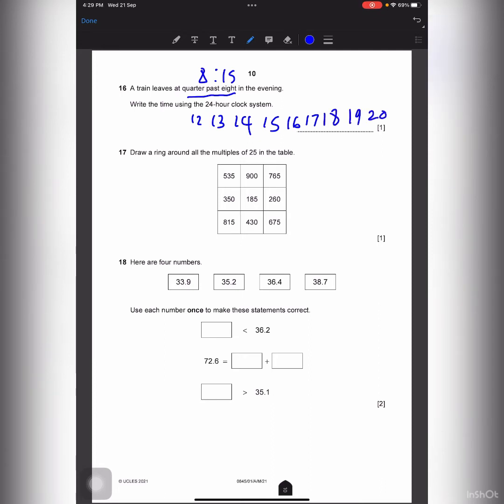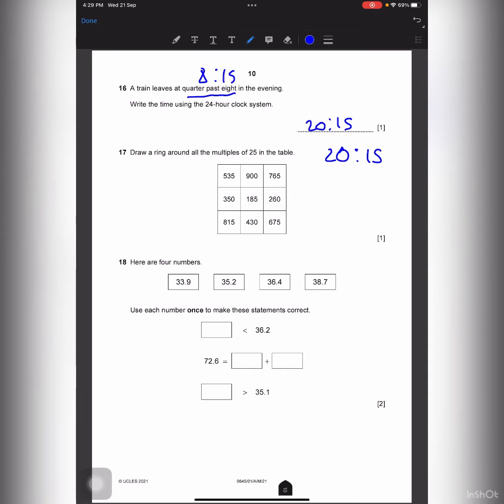So our answer will be 20. Let me write it here, 20:15. Let me erase this rough work that we just did because it's coming in our way of writing it. 20:15 is our answer.